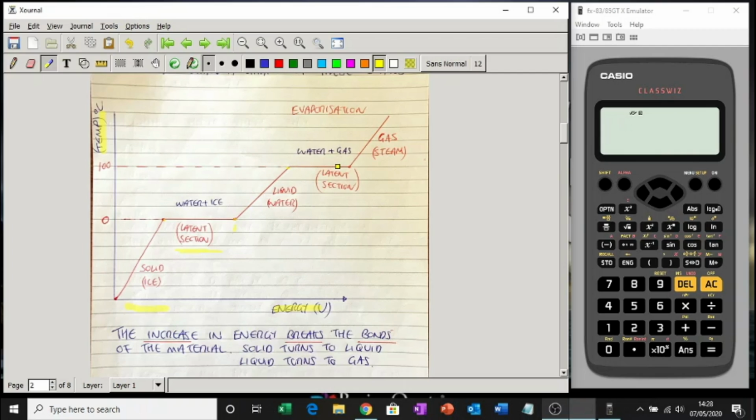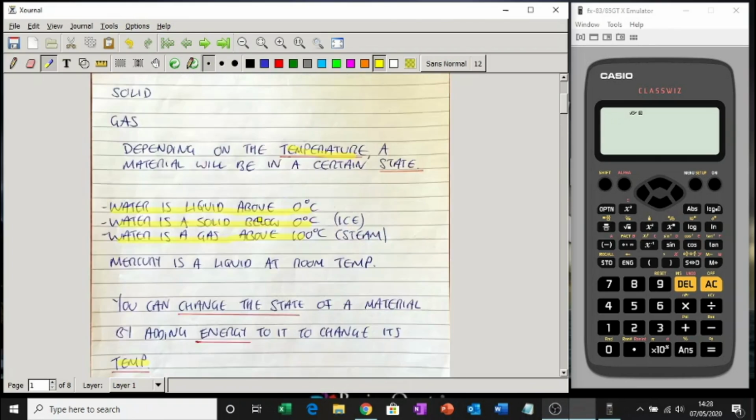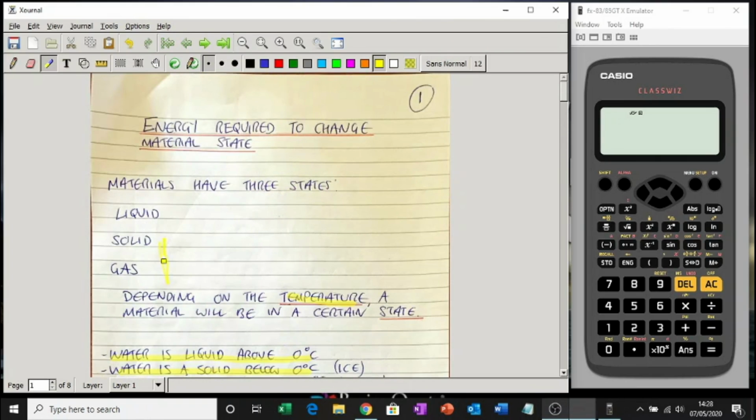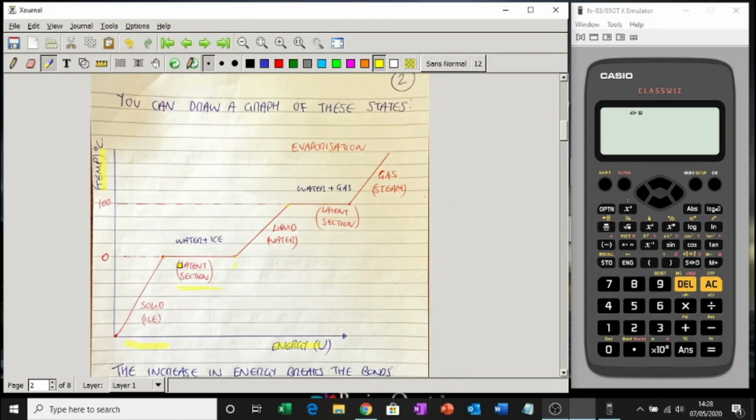That's why when you boil your kettle, you will see steam coming off, because the bonds are breaking and there's some gas coming off. So what's happening here is it's water and then it's gas, steam, whatever. So it's a bit of gas and a bit of liquid. So we're at this stage here now, the gas stage.